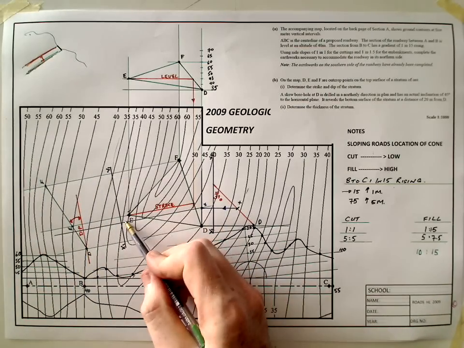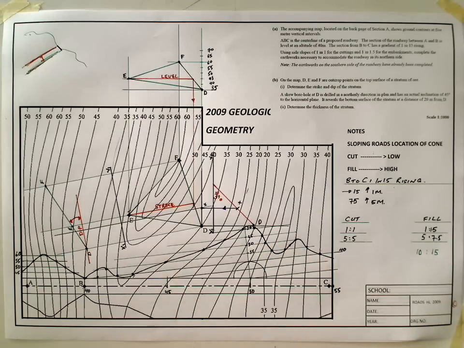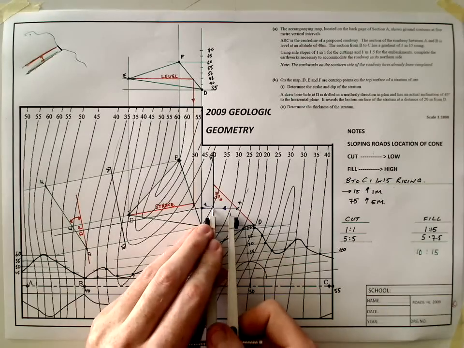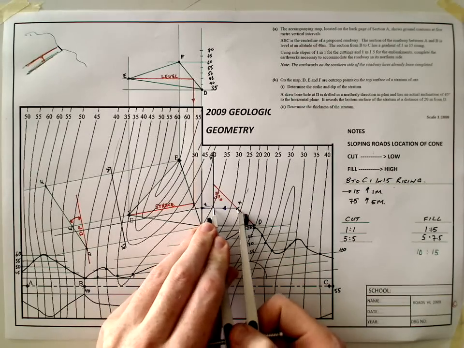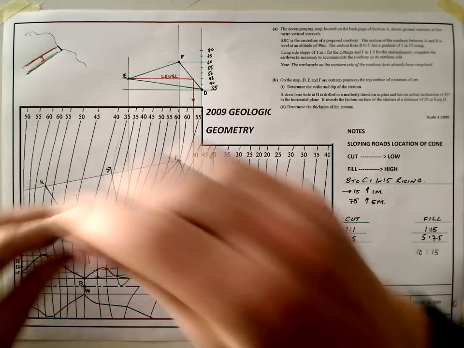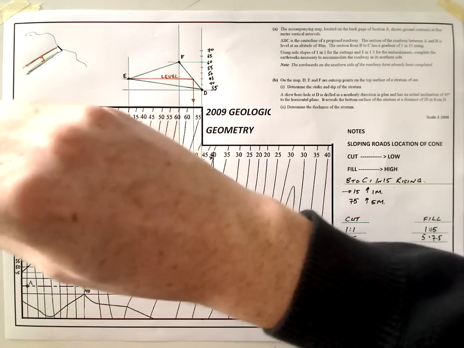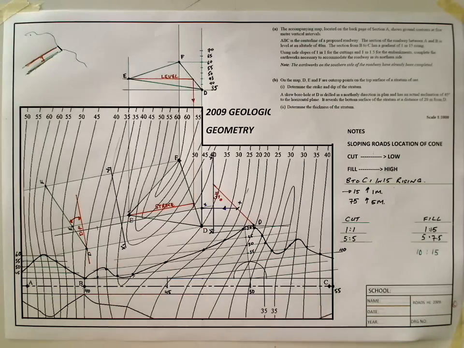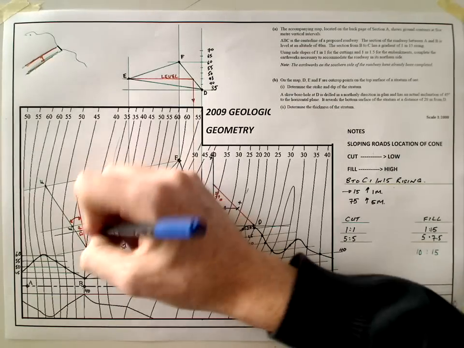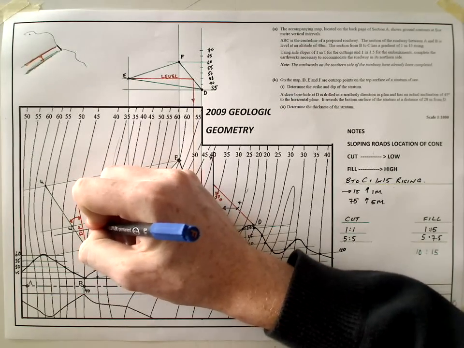Somewhere along that line I will have X. So I'm going to take my height off my X1, Y1. Here's my distance, and I'm going to mark it off on this line here. That point there is X.